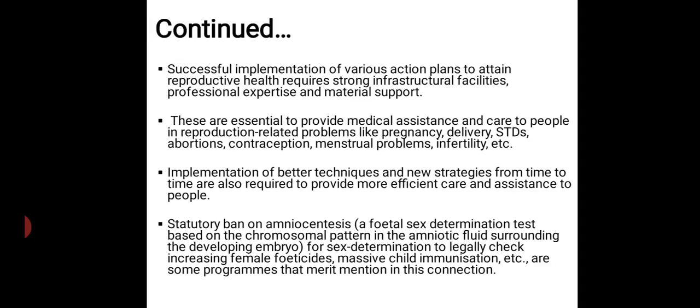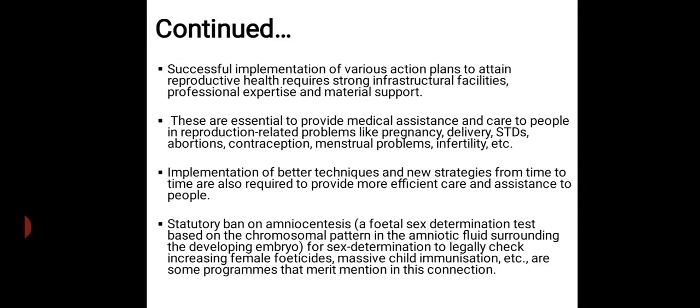Our government has done what? They have imposed a statutory ban on amniocentesis. Amniocentesis means a fetal sex determination test is carried out so that you can know the chromosomal pattern in the amniotic fluid surrounding the developing embryo. So basically, this amniocentesis was being done for sex determination, and it is now banned.